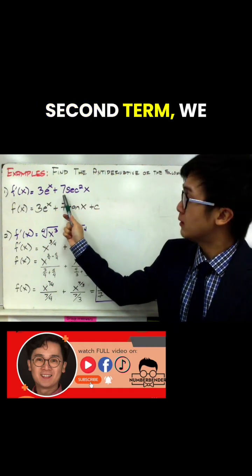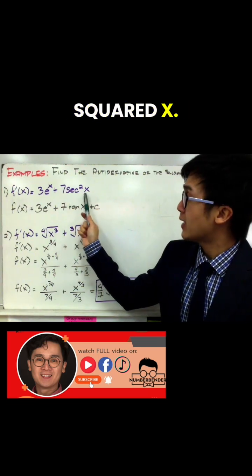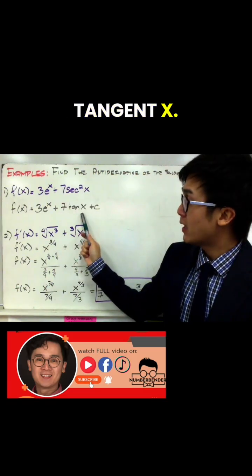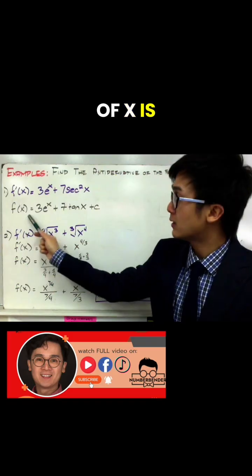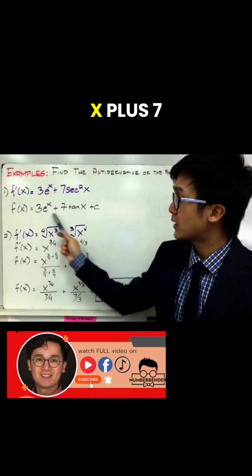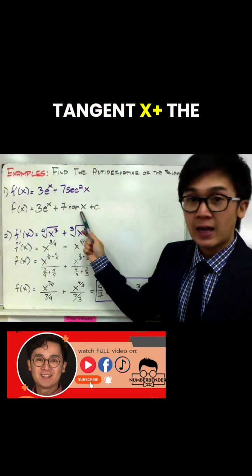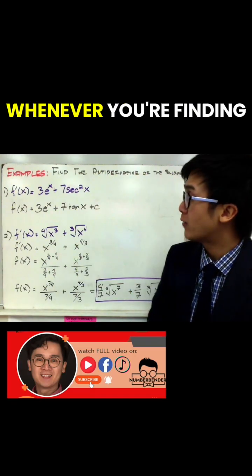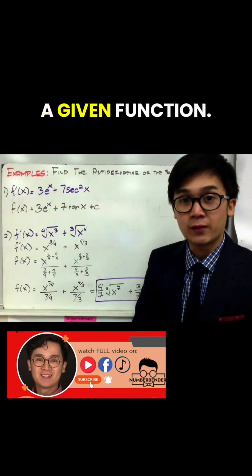And for the second term, we have 7 secant squared x. The antiderivative for secant squared x is equal to tangent x. So therefore, f of x is equal to 3e to the x plus 7 tangent x plus the constant c. Don't forget your constant whenever you're finding the antiderivative of a given function.